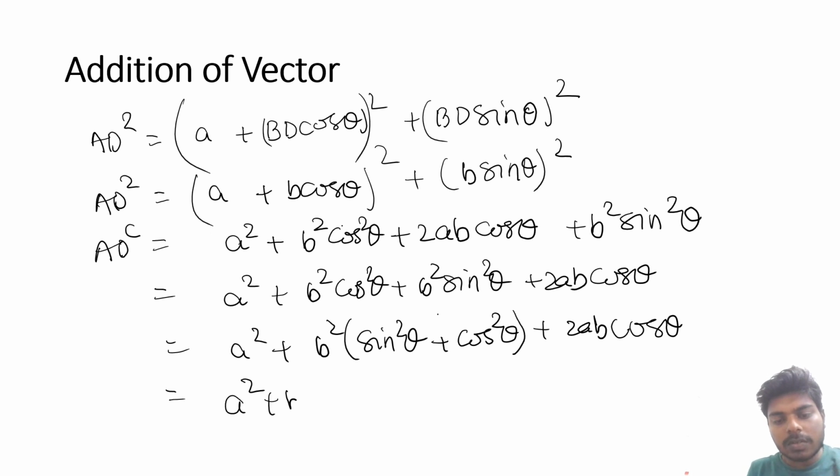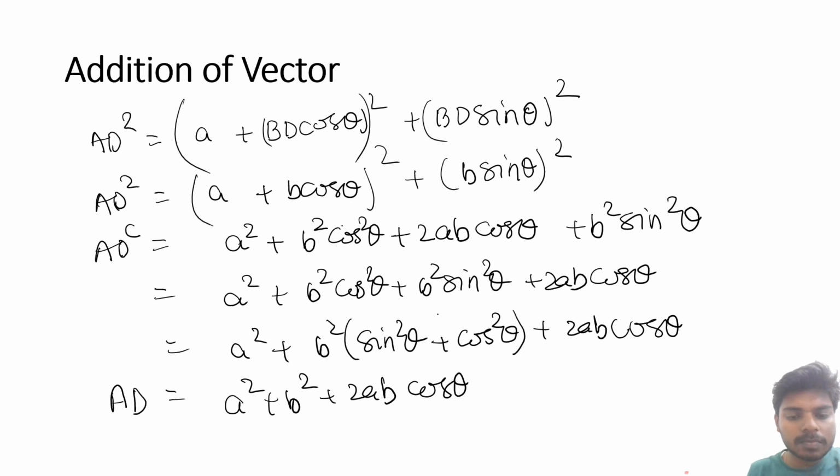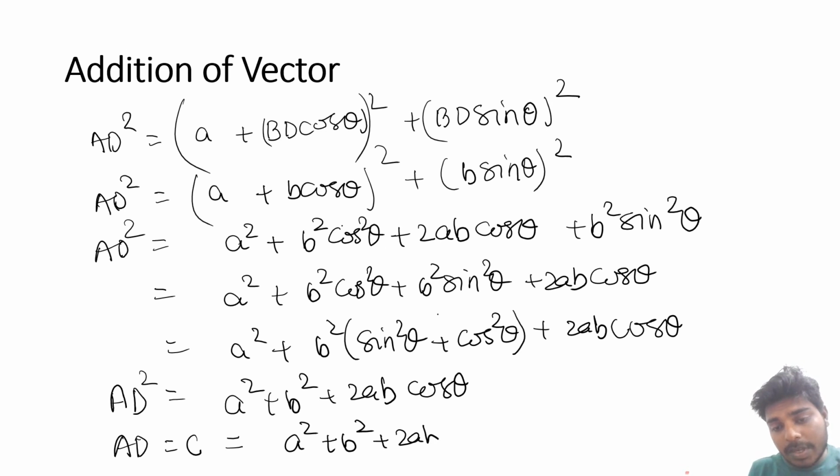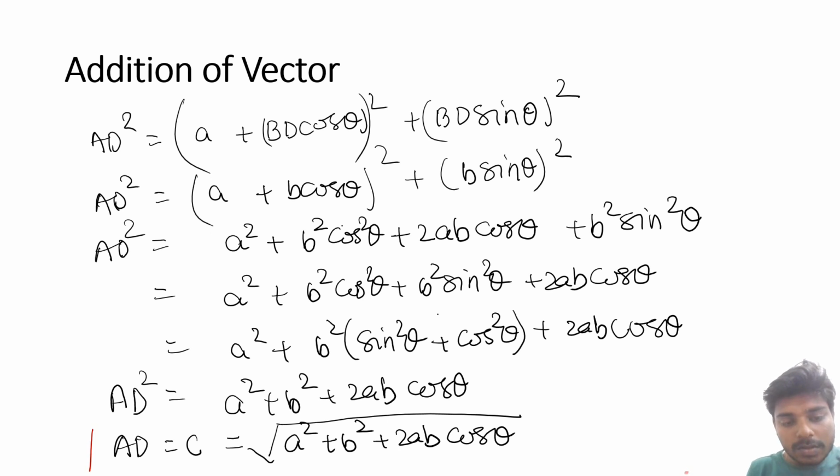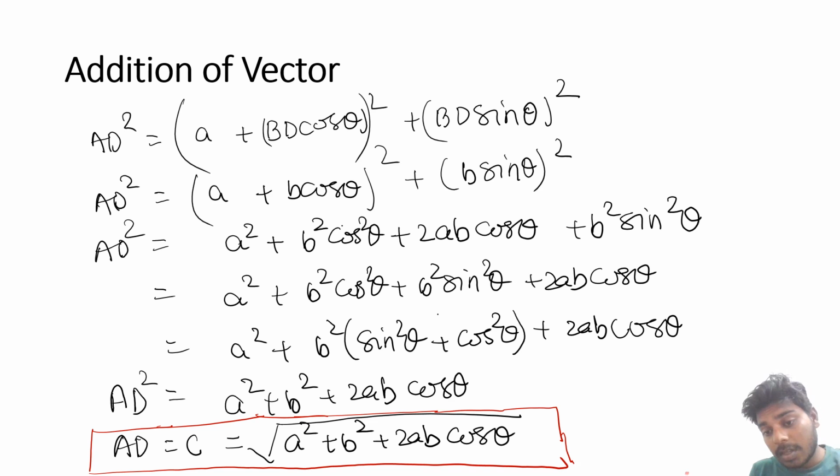That will become A square plus B square plus 2AB cos theta. That is AD square. AD is equal to C is equal to the root under A square plus B square plus 2AB cos theta. This is the formula for calculating the magnitude of resultant vector.